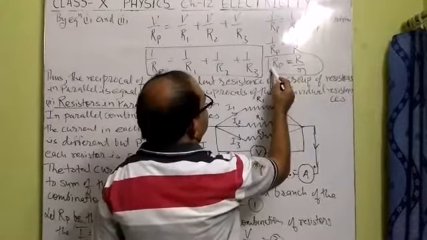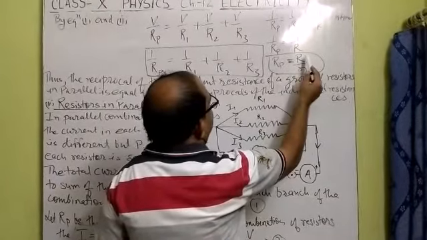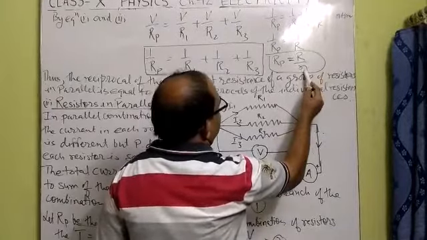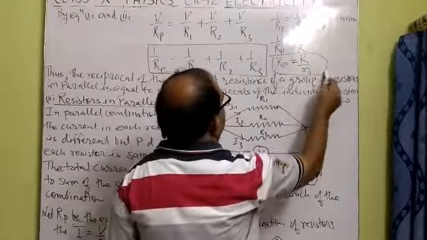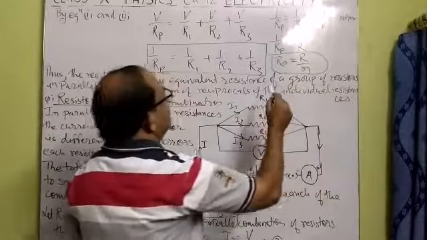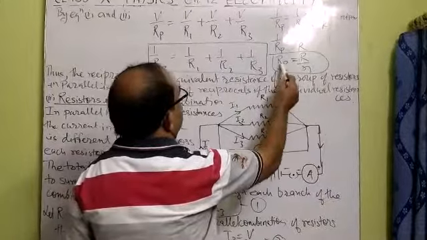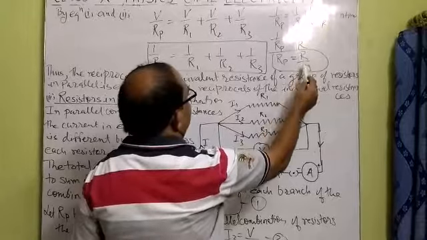So the equivalent resistance can be found by dividing the individual resistance by the number of resistors if the values of the resistances connected in parallel are the same. So this formula is also important: Rp is equal to capital R upon n.